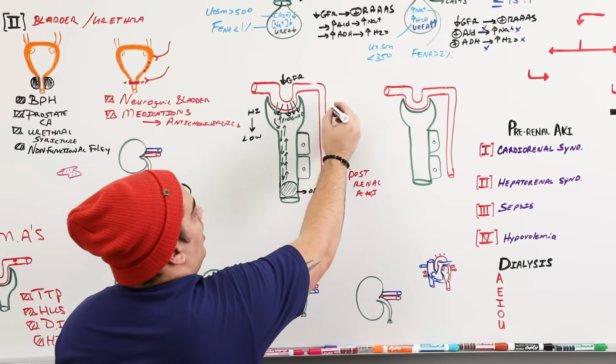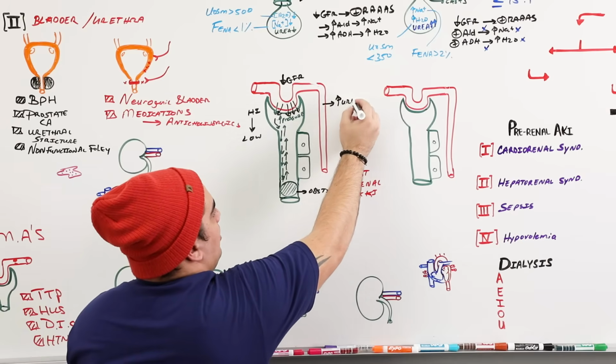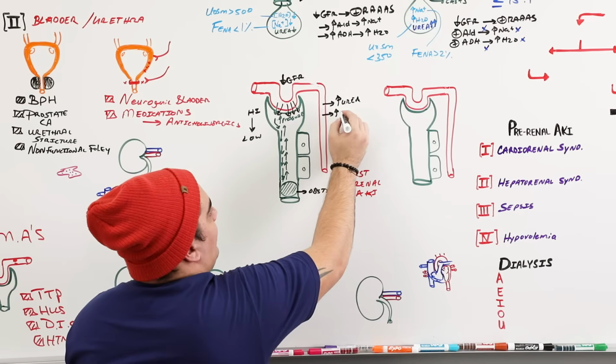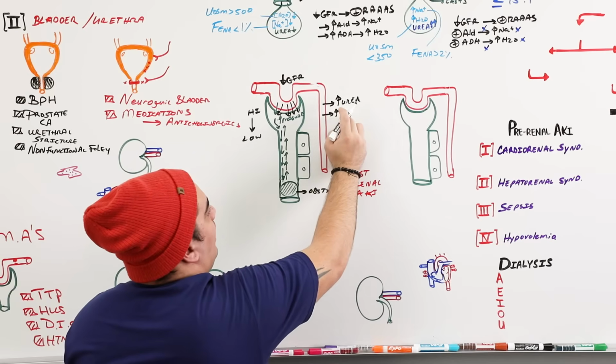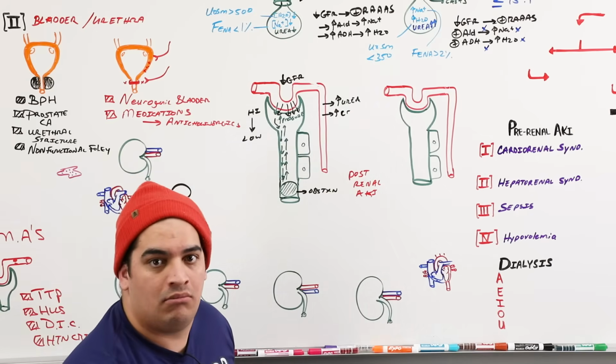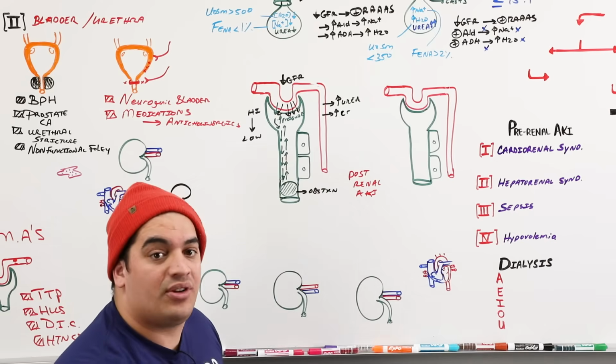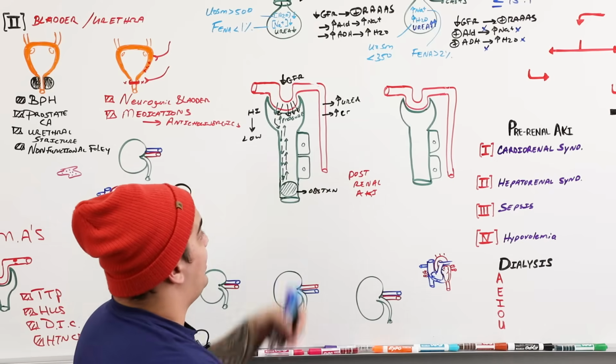Now, as a result, we already know that if you have less GFR, you end up with a little bit of an increase in urea and a little bit of an increase in creatinine because you're not filtering off as much of that across the glomerulus. Are the kidney tubules intact? They are. The pressure's built up, but it's not enough to actually cause injury to these kidney tubular cells yet. So the kidney tubular cells are intact.